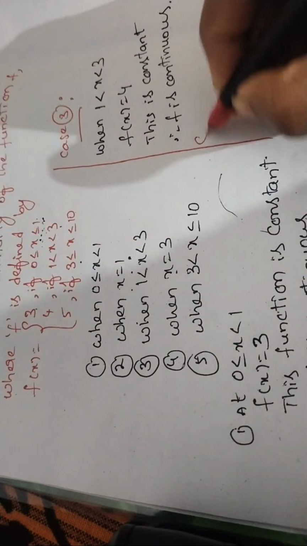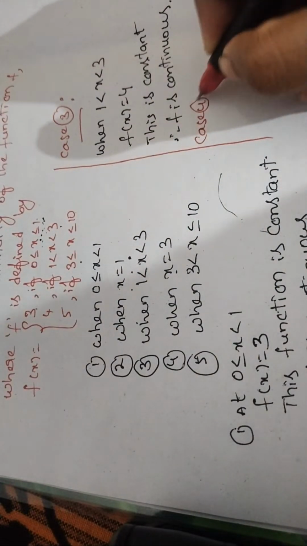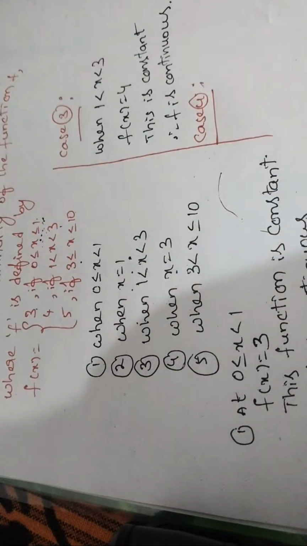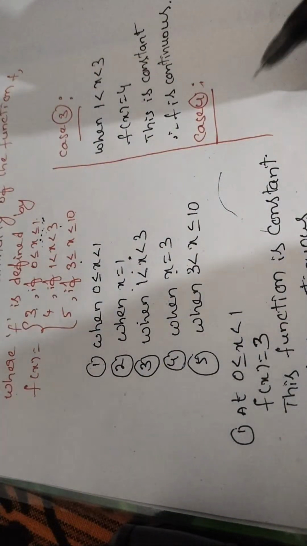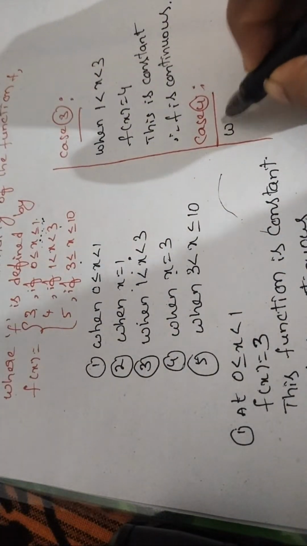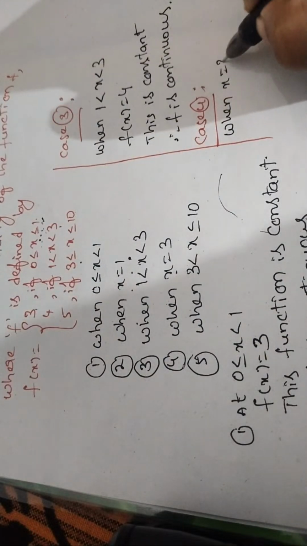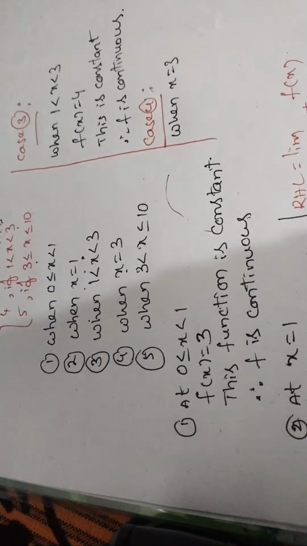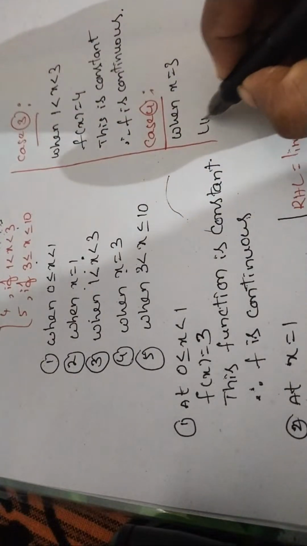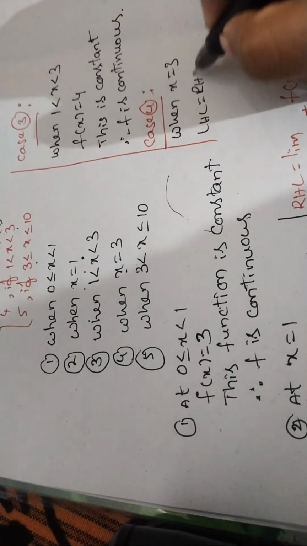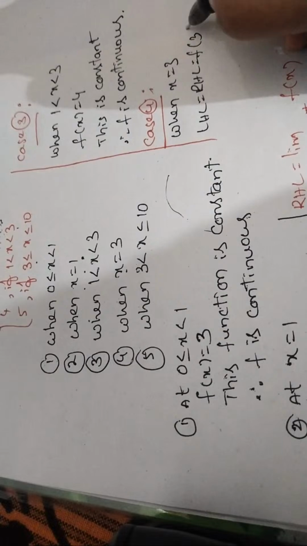Next case, case 4. Case 4 is when x is equal to 3. Means we can write LHL is equal to RHL is equal to f of 3.